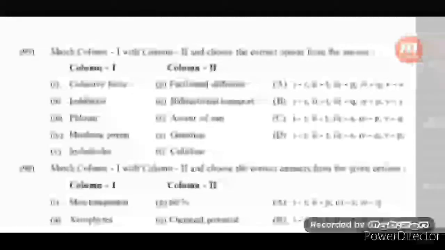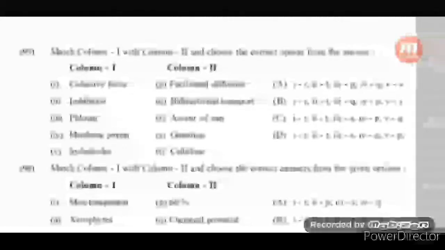Next, if we come to the third option, here they have given that cohesive force is ascent of sap, and the next, imbibition, is again cellulose, and the phloem is guttation, and the membrane protein is facilitated diffusion, hydathodes is Q, means bidirectional transport. Next one is option 4.